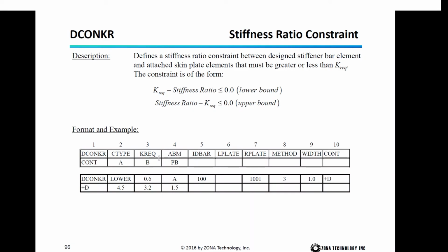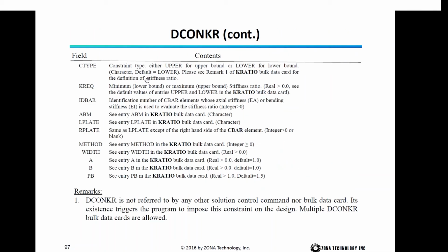The C type is either upper or lower. K required is the minimum or maximum stiffness ratio, and ID bar is the ID of a CBAR element whose actual stiffness EI, or bending stiffness EI, is used to evaluate the stiffness constraint.